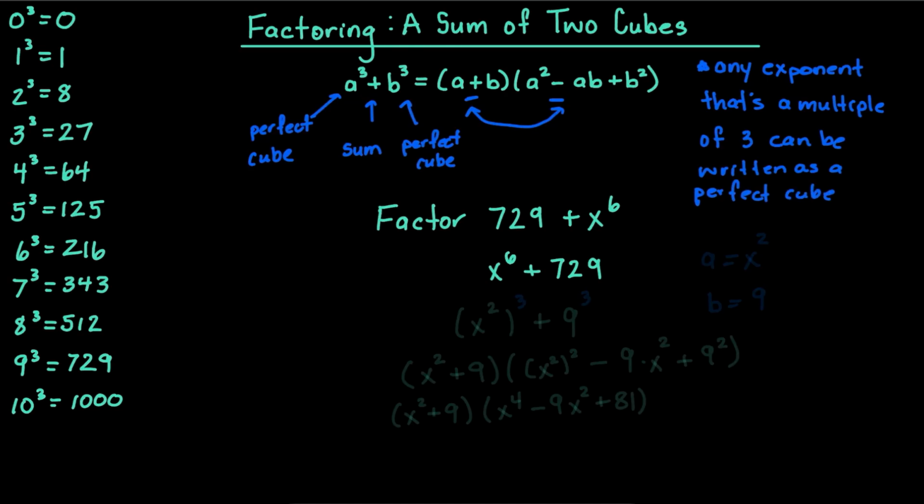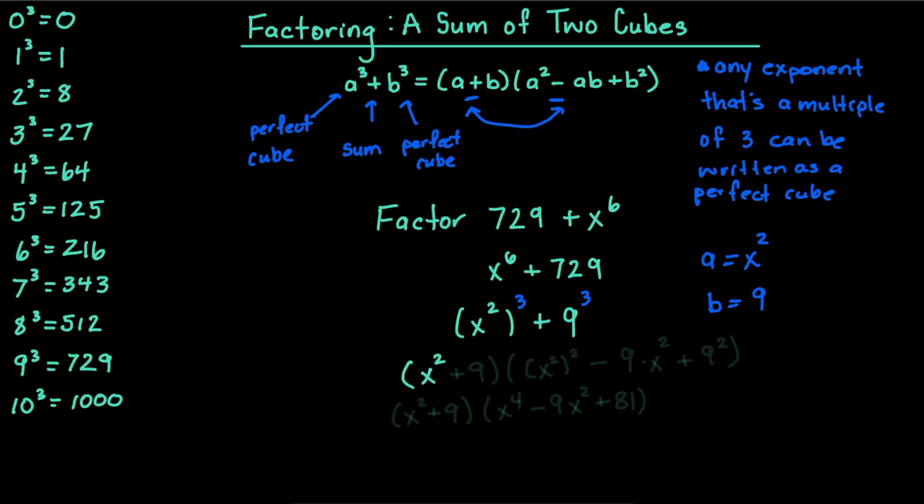Okay, so 6 is a multiple of 3. So I know I have x here, and I'm going to have my cube on the outside. 6 divided by 3 is 2, so that tells me that I have a 2 as an exponent on the inside. And 729 is 9 cubed. So now I know A is x squared, B is 9, and now we can just follow our formula.